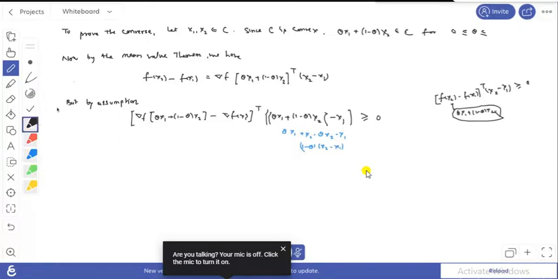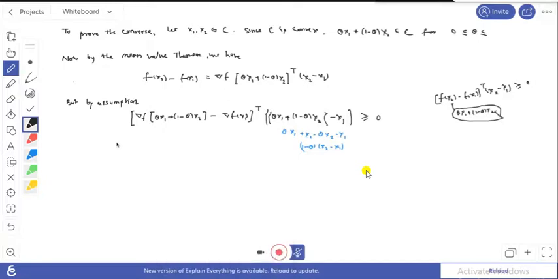So that's why this value is equal to 1 minus theta, which is a scalar, times gradient of f at theta x1 plus 1 minus theta x2 minus gradient of f at x1, this whole transpose, and this value is 1 minus theta, a scalar, times x2 minus x1, this is greater than or equal to 0.